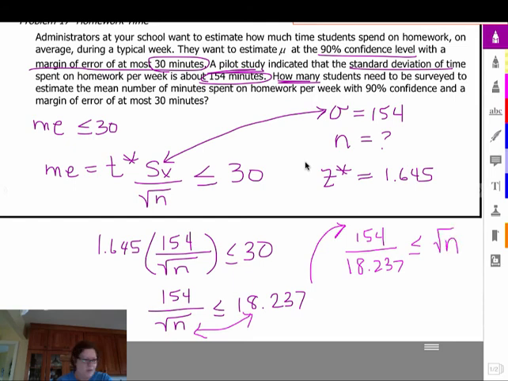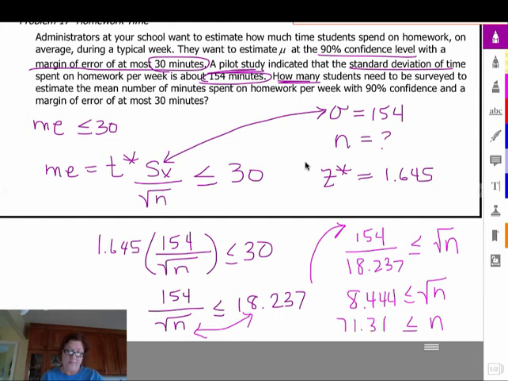which gives me 8.44. And then I'll square root both sides. So I get n greater than or equal to 71.31.